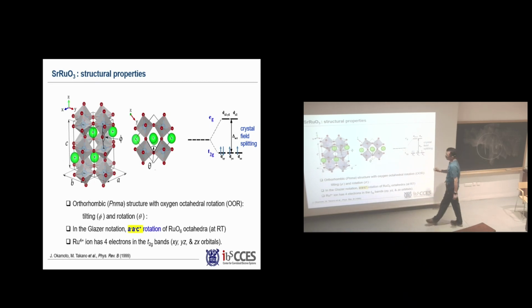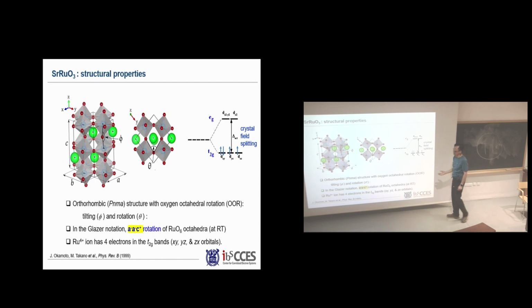And when we put the ruthenium inside of the oxygen octahedra, then we have a crystal field splitting. The t2g electrons have wave functions pointing outside, into a space where there are no oxygens. But the x squared minus y squared and z squared wave functions are pointing in the direction of the oxygen, so it has a higher energy state compared to this one, and we call this the crystal field splitting.